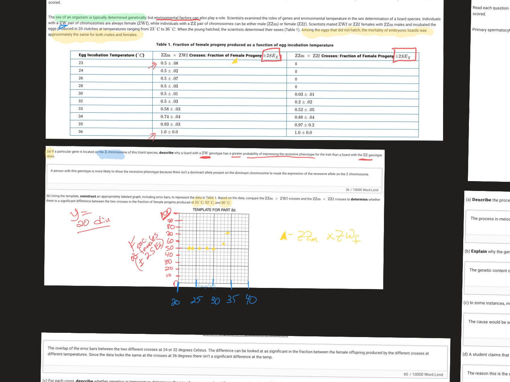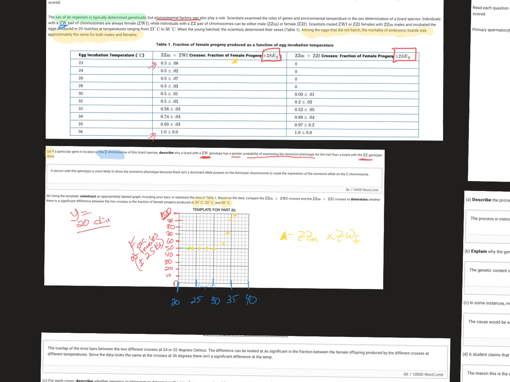At 35, it's at 93%. And at 36, it's 100. All right, so if I were to draw the best fit line, it wouldn't be a straight line.